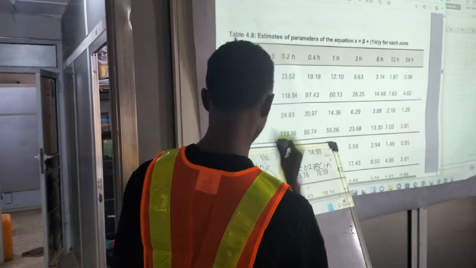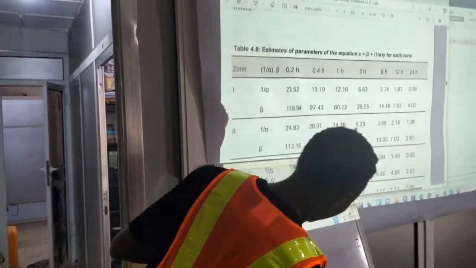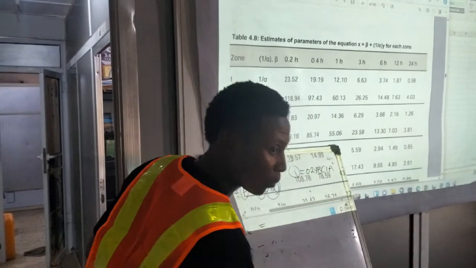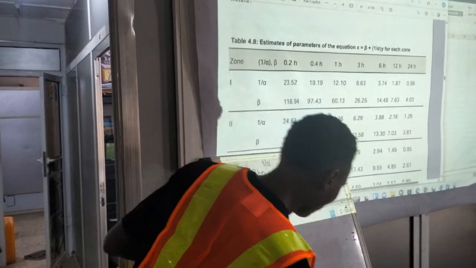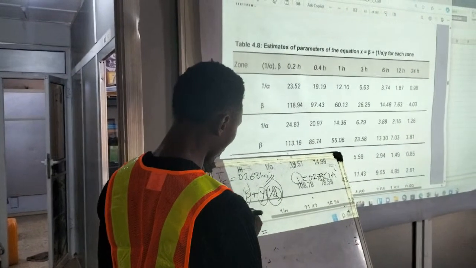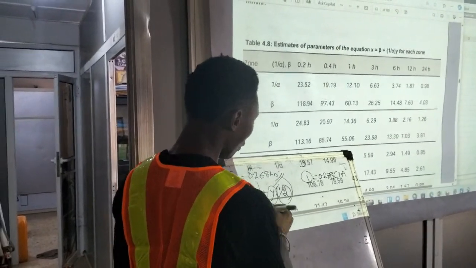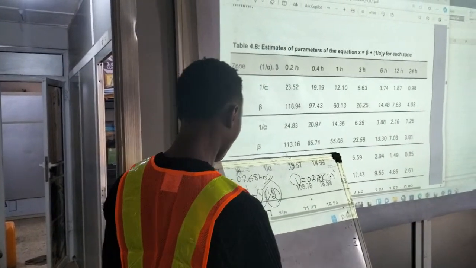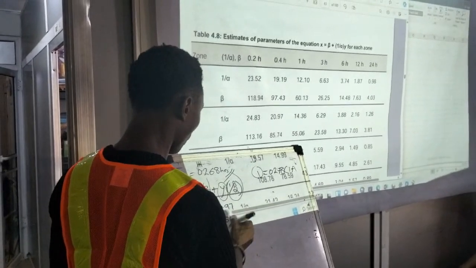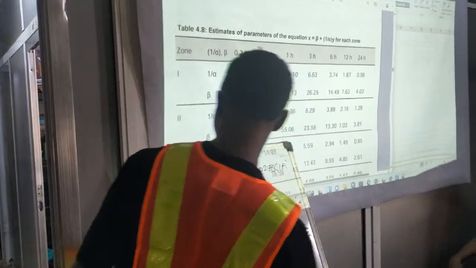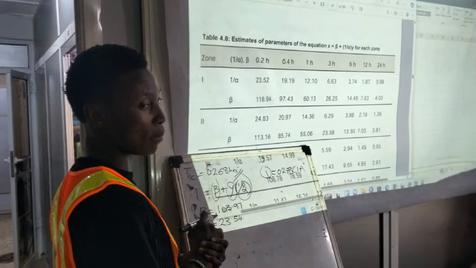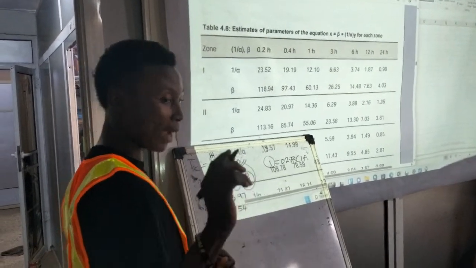Now y, there is a formula. Scroll down to that. From our calculation, our beta is 103.97. Our 1 over alpha is 23.54. Then our y is what? Remember our return period is 25 years.